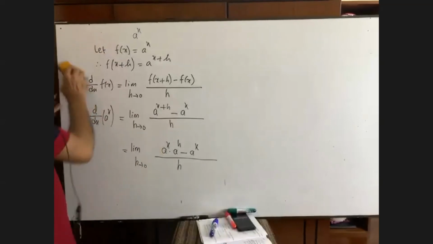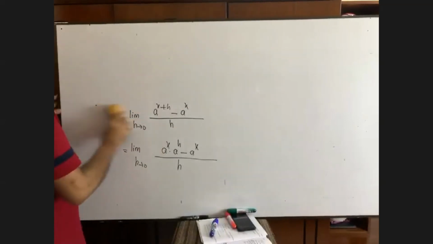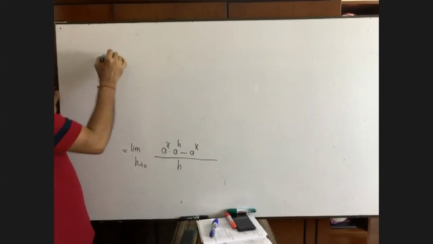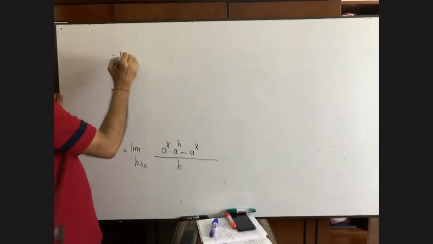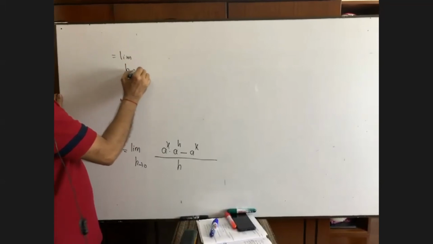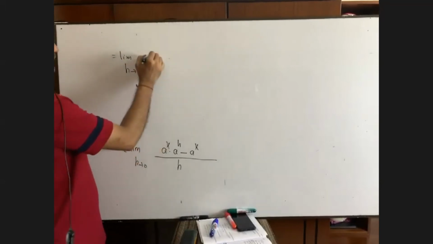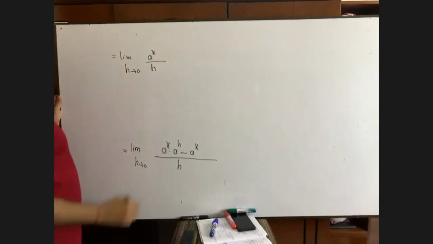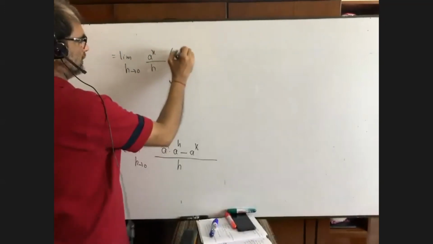Now we can easily take common. a to the power x can be taken common. Limit a to the power x by h, that is, we are left with.